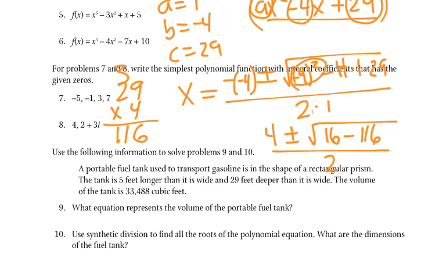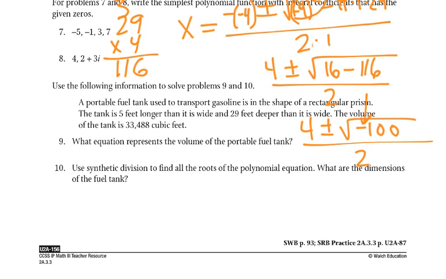Then we simplify this further. Let me grab a calculator. Oh, or not, because that would be easy. 16 minus 116 is negative 100. 4 plus or minus the square root of negative 100 over 2. Square rooting a negative should tell us right off the bat that's like the square root of 100 times the square root of negative 1. That is i. This is 10.